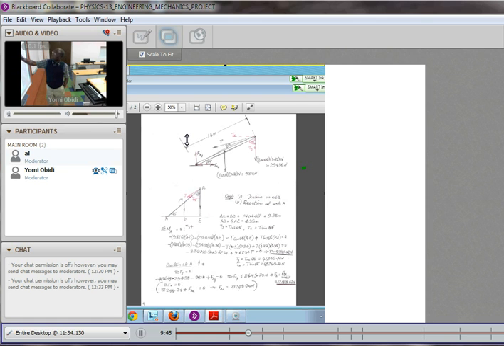Now the tension in this cable can be broken into the X and the Y component. So this is the T that's acting. And so we can break that into its X and Y component.